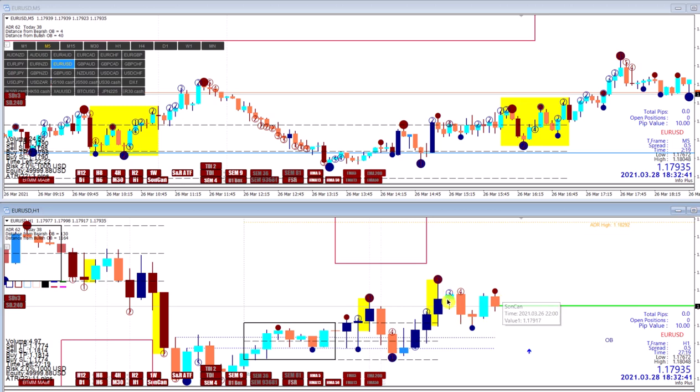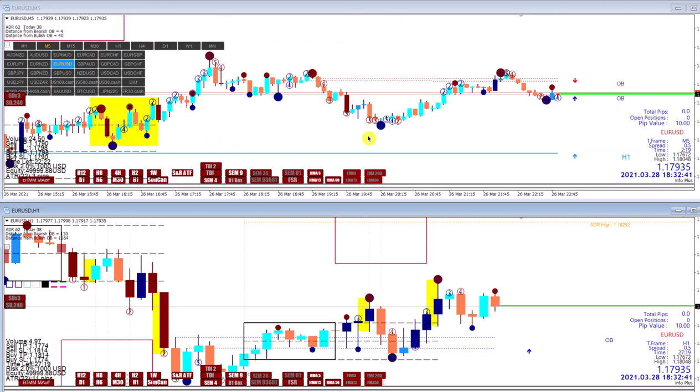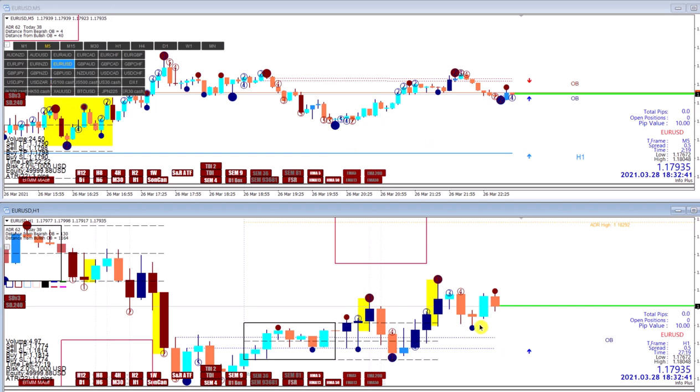There's your retracement, your breather. Higher low, higher high. So I don't even worry with those.